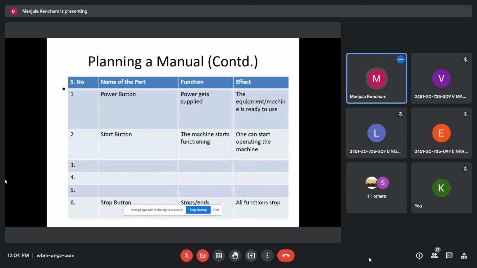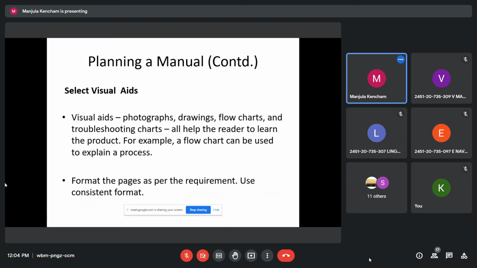Planning a manual. So if at all I plan a manual, I should say this is a power button. I should clearly depict it with the help of a diagram and give some information pertaining to each and everything. Select visual aids while planning to write a manual. So, what kind of visual aids can be included?